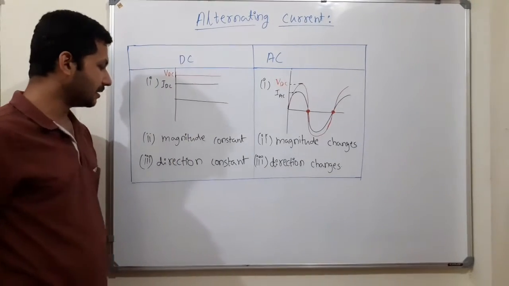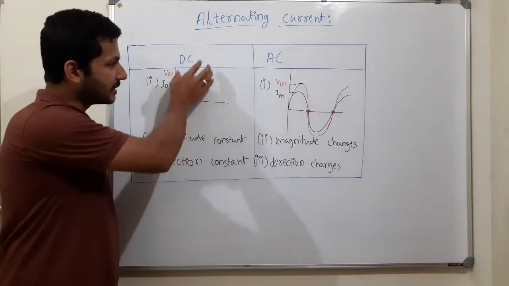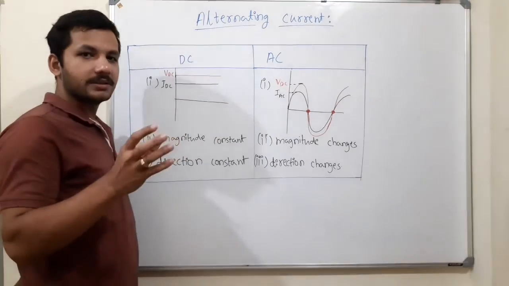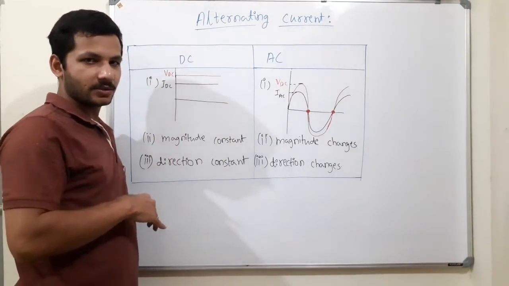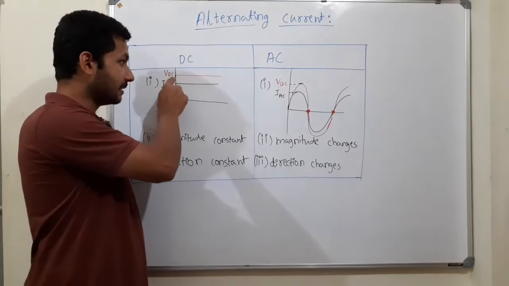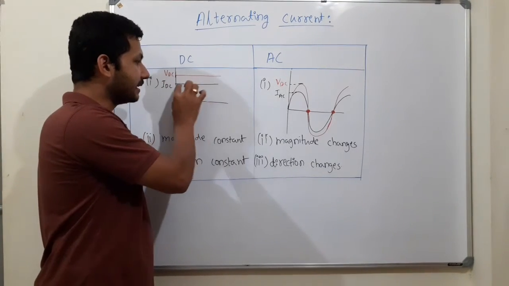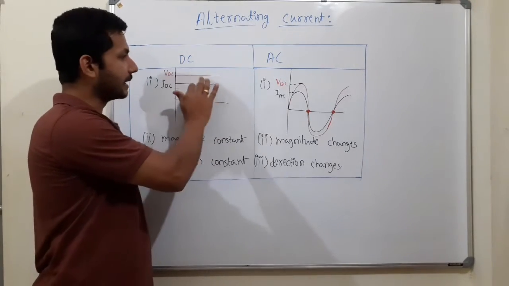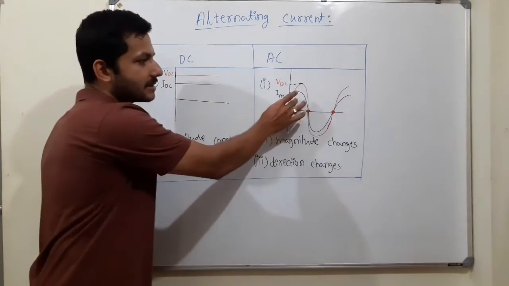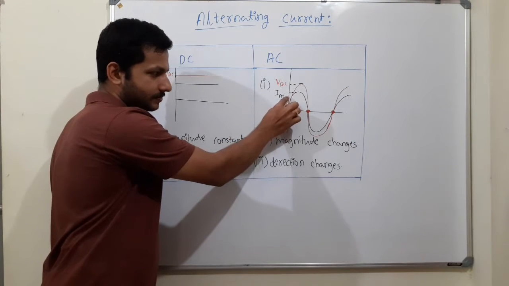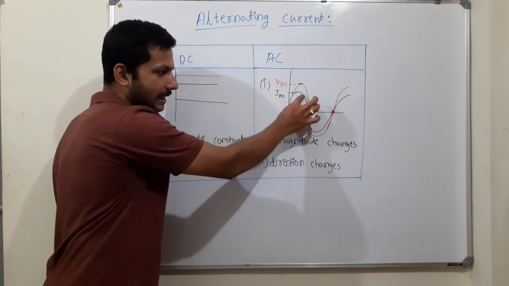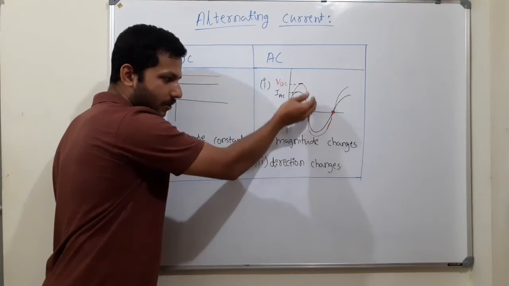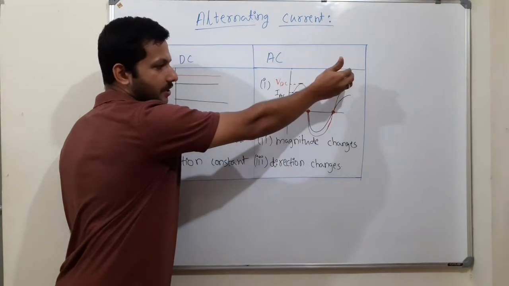Here the differences are, magnitude is constant in case of DC. Magnitude doesn't increase or decrease over a period of time. You can see in the graph also, it is a straight line indicating that there is no fluctuation in the current. Whereas in the case of alternating current, the value decreases, goes to the negative side, and again comes to the positive side.